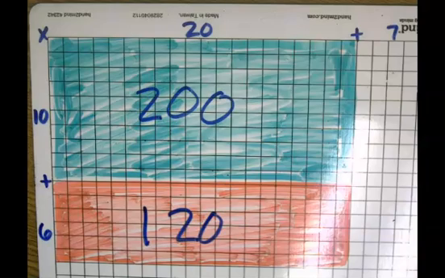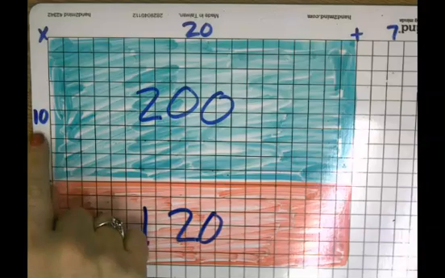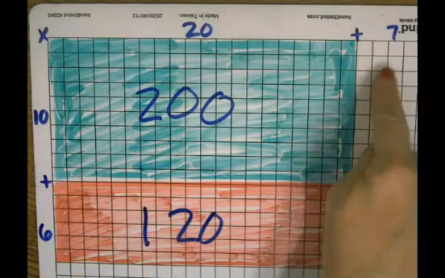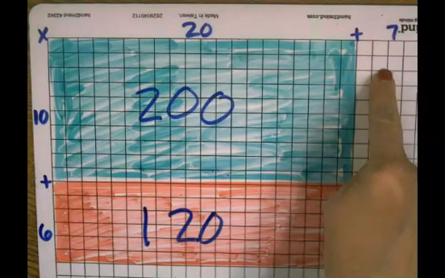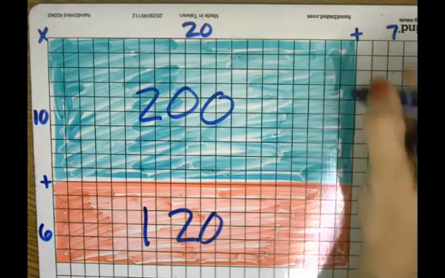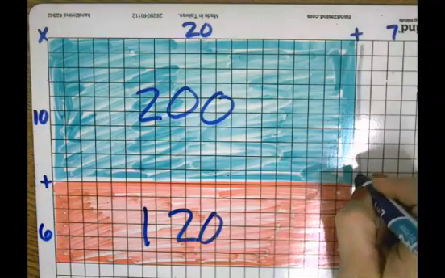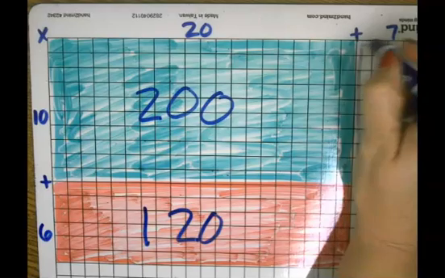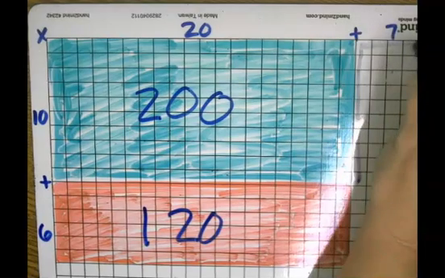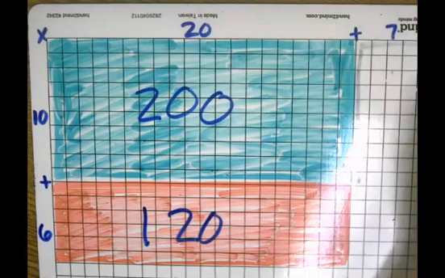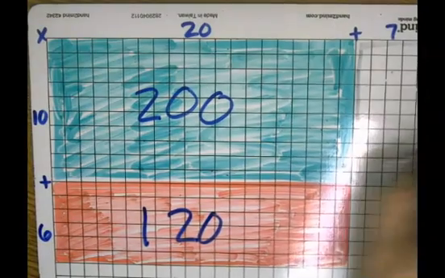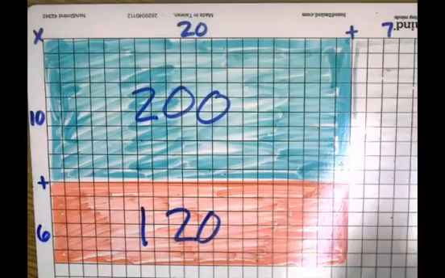All right, next, I have to do 10 times 7. So 10, and then let's see, 1, 2, 3, 4, 5, 6, 7. This marker is kind of dried out. Let me try a different color.